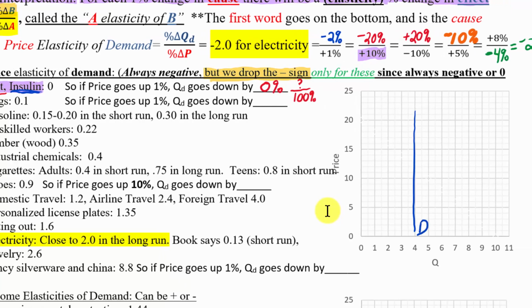Now, why is it going to be vertical? Well, the reason is, if you look down here, what this is saying is the quantity that you demand, the quantity you're going to buy, is the same no matter what the price is. As the price goes up or the price goes down, you're going to buy four all the time. That's what perfectly inelastic would look like.